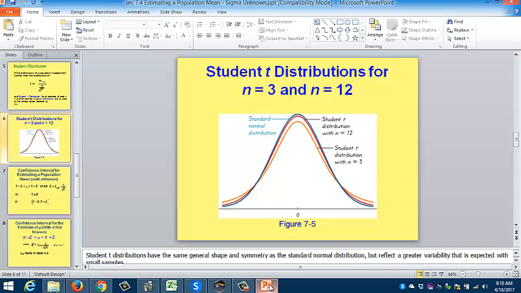Do you see how it kind of spreads out a little bit more? And you'll notice that n equals 3, that makes it wider. When n equals 12, it gets more narrow and tall. If I did n equals 100, that would be really close to the standard normal distribution.